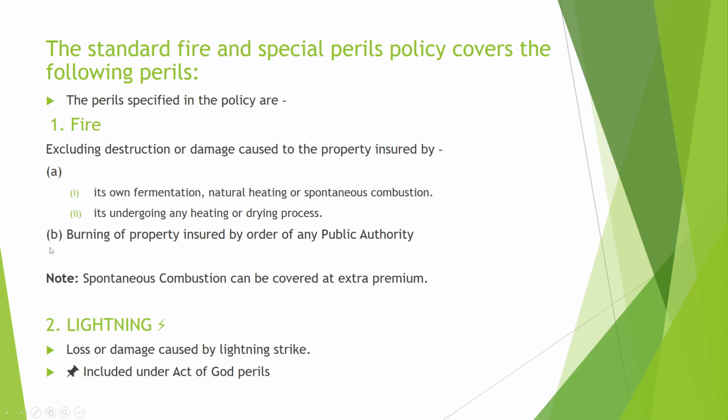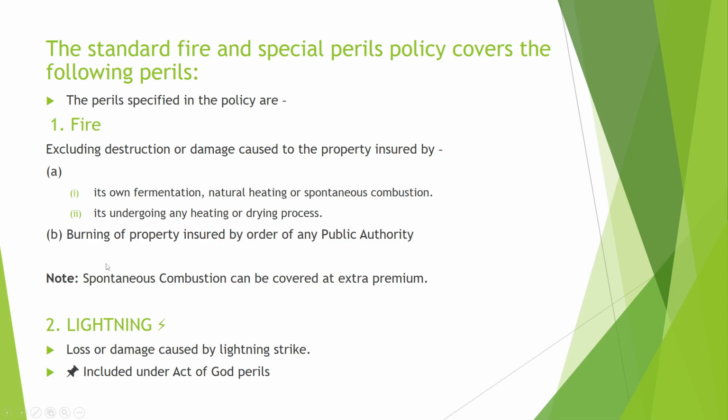Second, what cannot be insured is burning of property insured by order of any public authority. If any building or property is being burnt by any public order or any public authority, we cannot insure it.